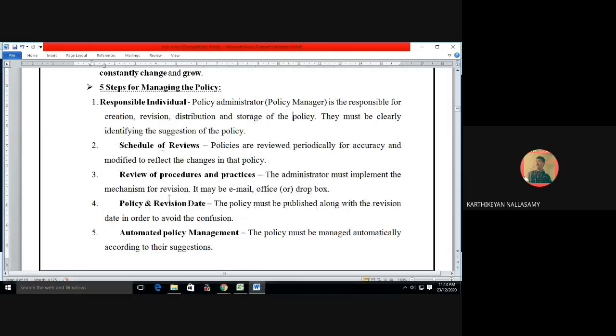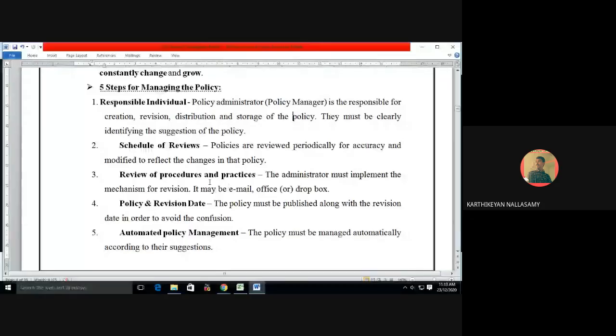The policy must have a revision date in order to avoid confusion, because we are continuously upgrading, so the most recent policy must be available to the user for usage. Every user must know about it in order to avoid confusion.